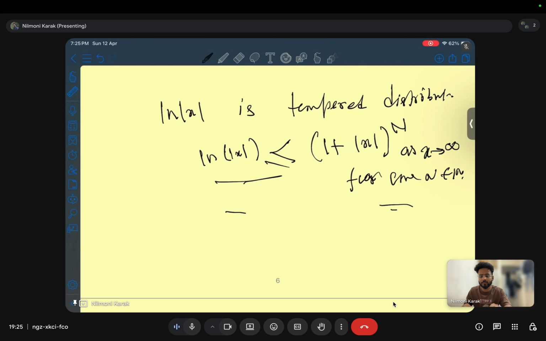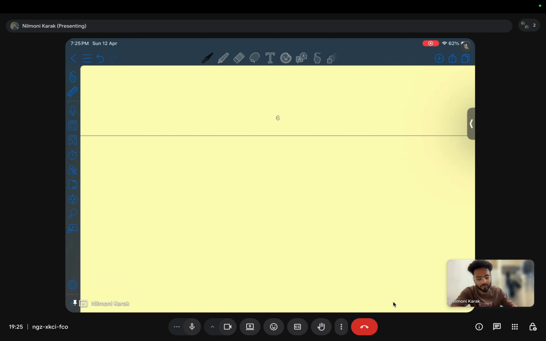Now we can see the pairing. This comes from elementary function analysis.